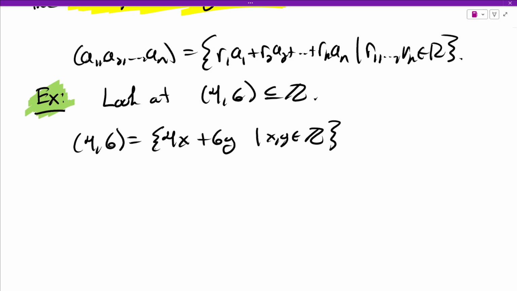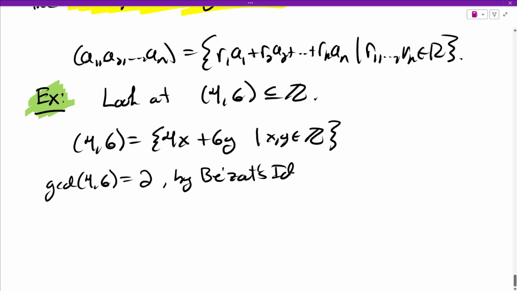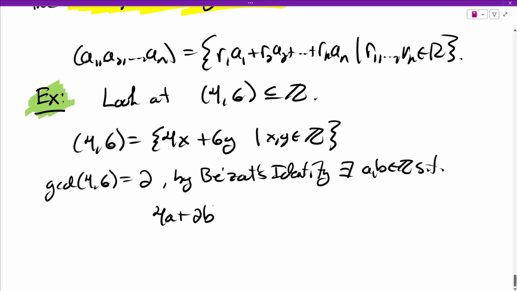What we can recall is that the GCD of 4 and 6 is 2, and by Bezout's identity, there exist A and B in Z such that 4A plus 6B is the GCD, which is 2.